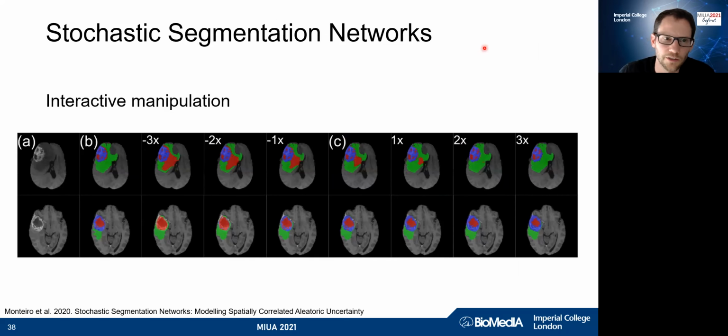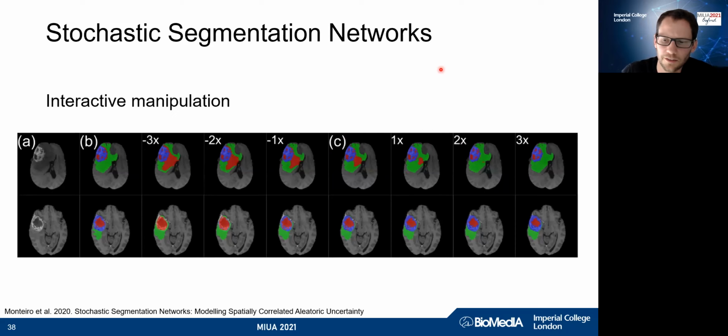It also gives rise to this idea of doing interactive manipulation. So you can use the low-rank model of the distribution of the predictions to do interactive manipulation. So there's a live demo online in the GitHub that you can check out.